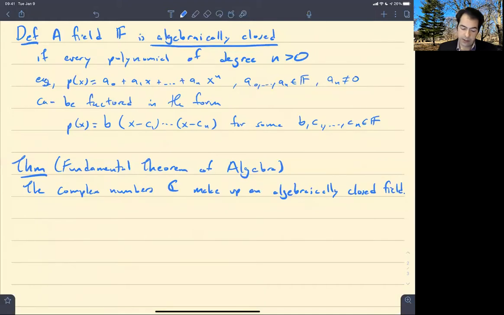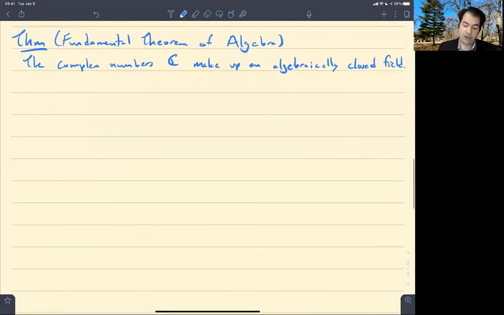Okay, so the fundamental theorem of algebra is outside the scope of this course because it's not really a theorem in linear algebra. It's not a theorem of algebra, really, because it requires more properties of the complex numbers than just their algebraic properties.